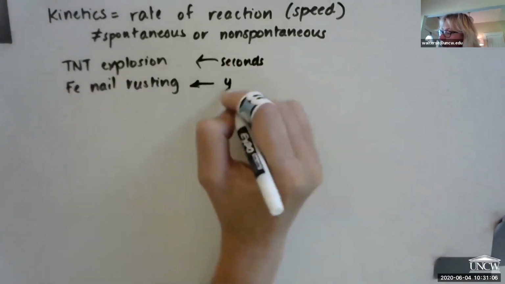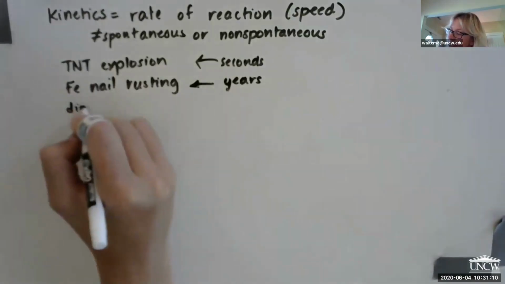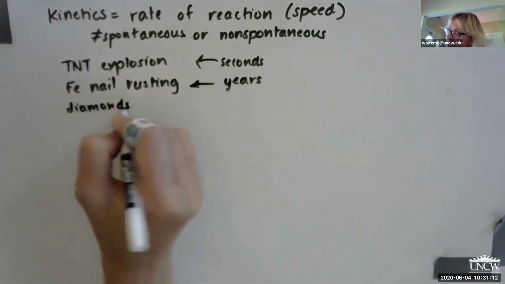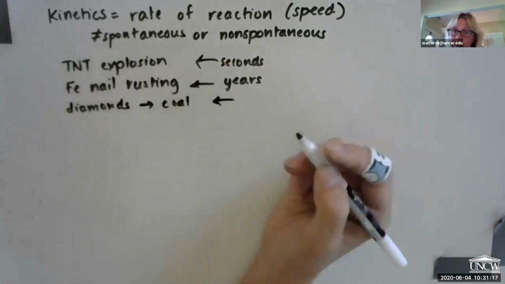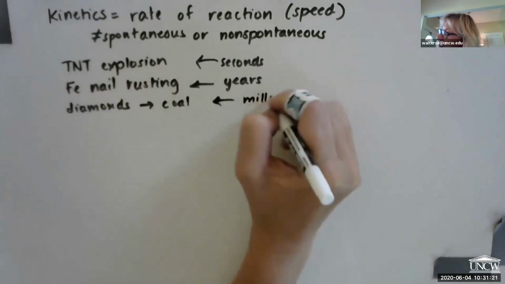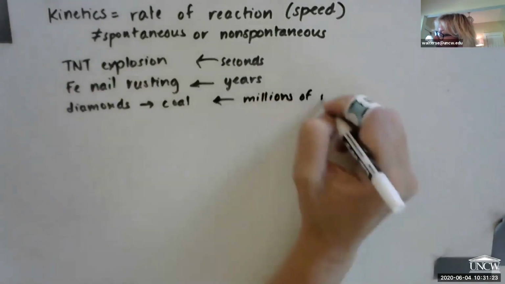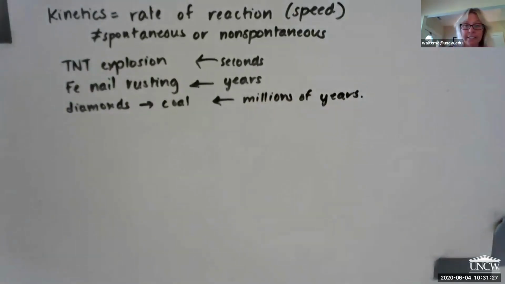This takes on the order of years. Diamonds turning to coal. Thank God for men who propose with diamonds. That takes millions of years. They're all spontaneous, but they have different kinetics.